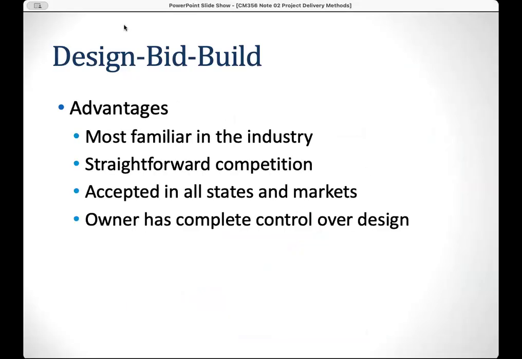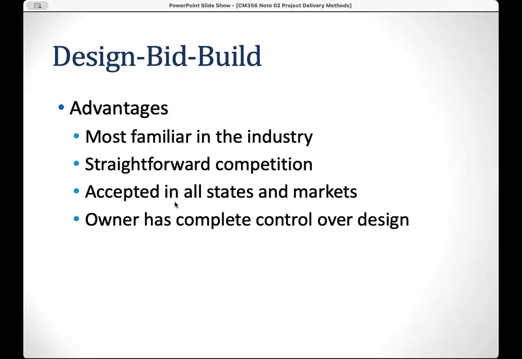So these are some advantages of design, bid, and build. Because it's the most traditional one, it's the most familiar to the industry. It's very straightforward for the competition. Once you have your design documents and you open for the bid, the contract is based on those, and the bidders also do their own investigation because they want to know what the job site looks like, right?